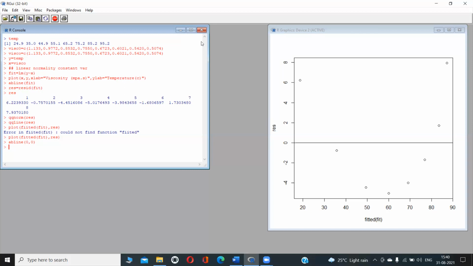If these three assumptions are not satisfied, that means we don't need to use linear regression here. We need to use another regression, that is non-linear regression or many other regressions.